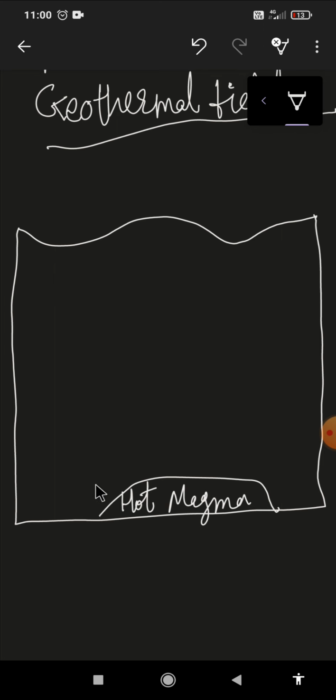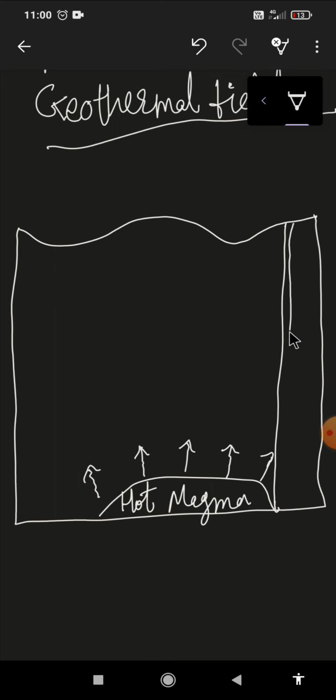This is radiating heat from inside the earth in an upward direction. Then suppose this is a hot spring.